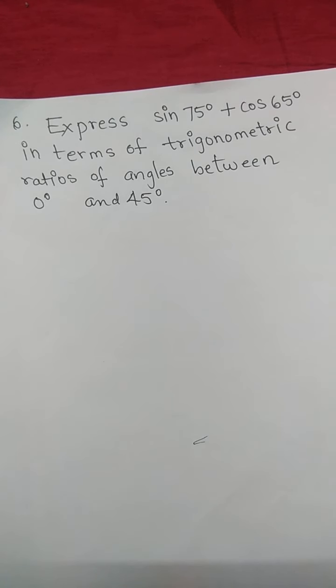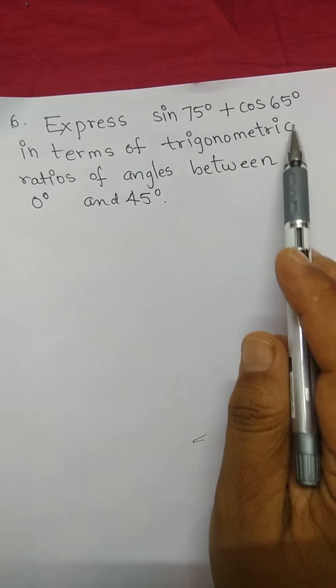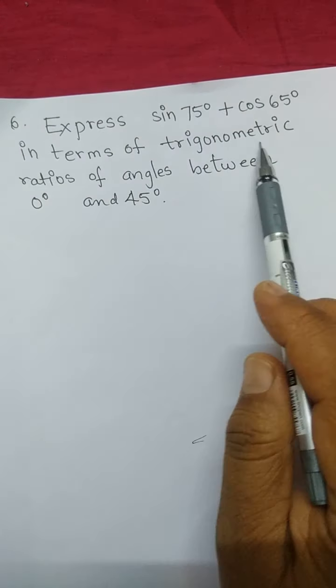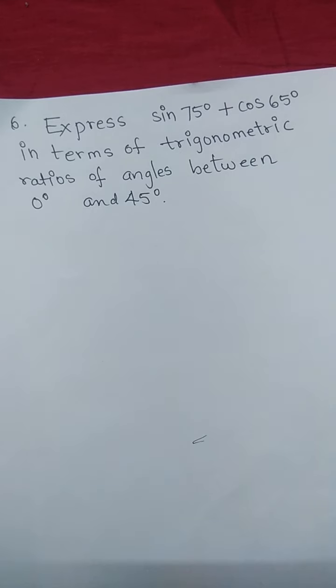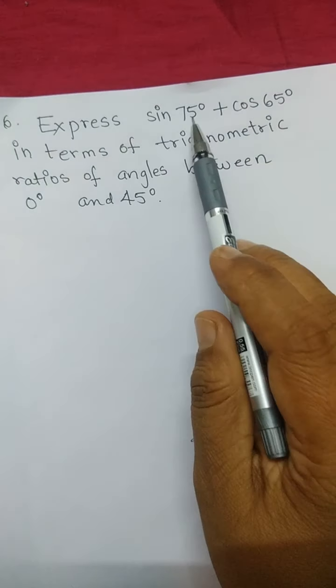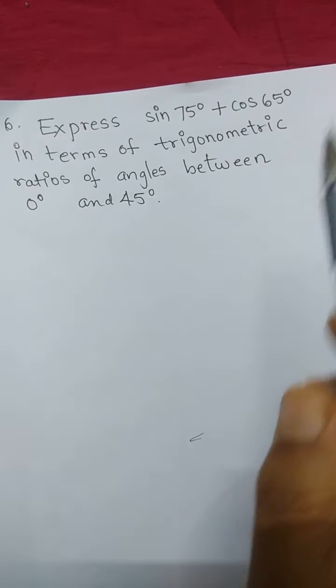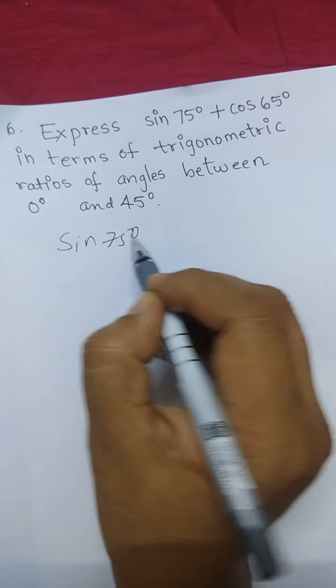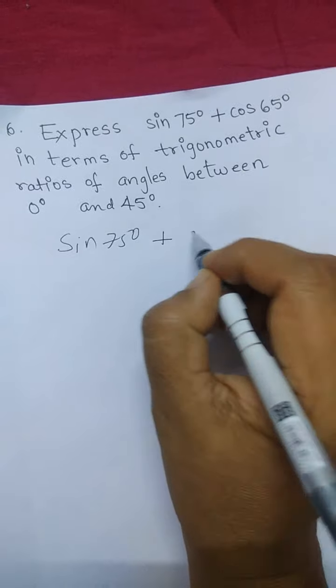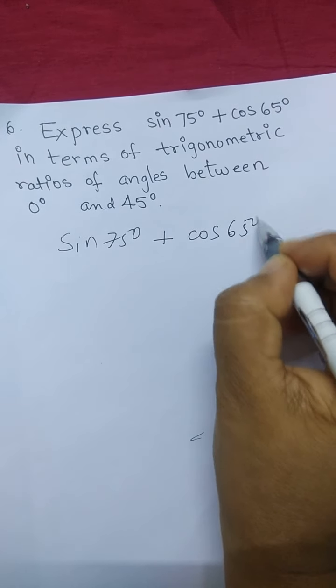Let us solve this example. Express sine 75 degrees plus cos 65 degrees in terms of trigonometric ratios of angles between 0 degrees and 45 degrees. Means we have to convert this into the complementary ratios. Sine 75 degrees plus cos 65 degrees.